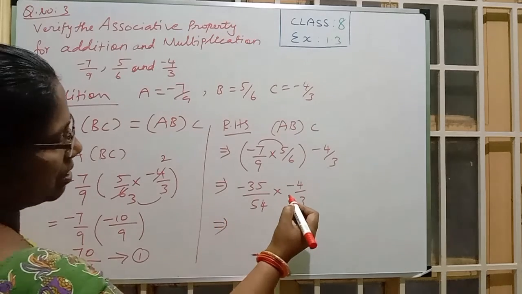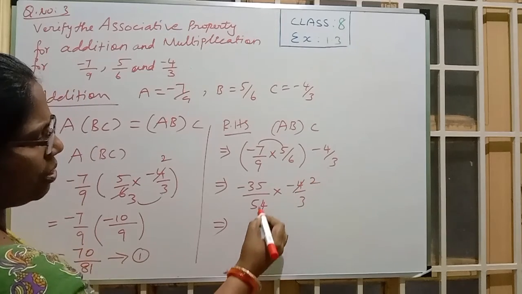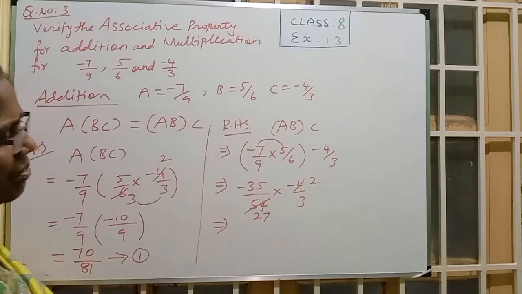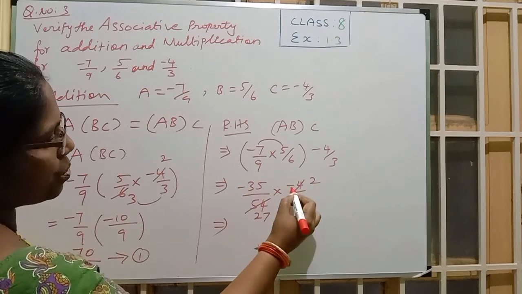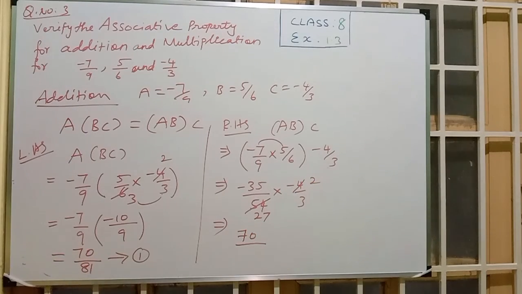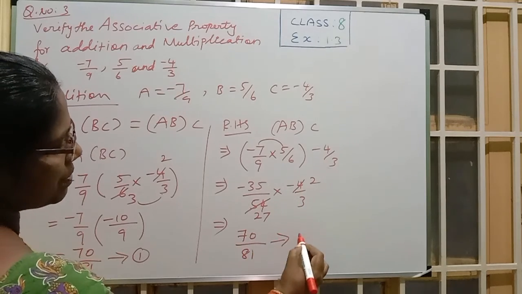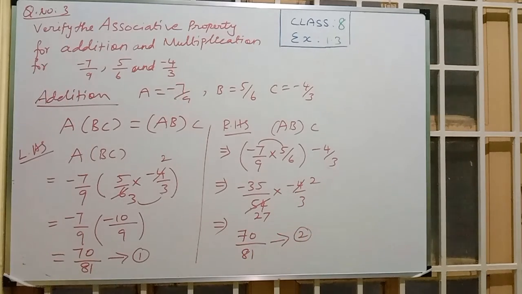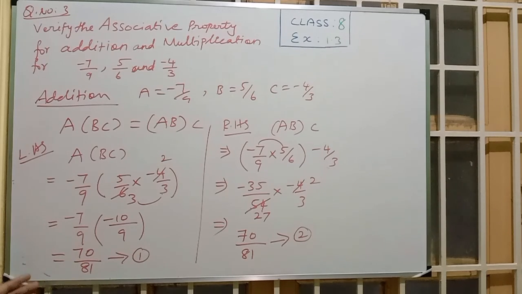Now 2 table, 2 2s are 4, here 27 2s are 54. Then we get minus into minus plus, 35 into 2 means 70, divided by 27 into 3. 27 into 3 is 81. This is considered number 2. By this result, we proved LHS is equal to RHS. This satisfies the associative property for multiplication.